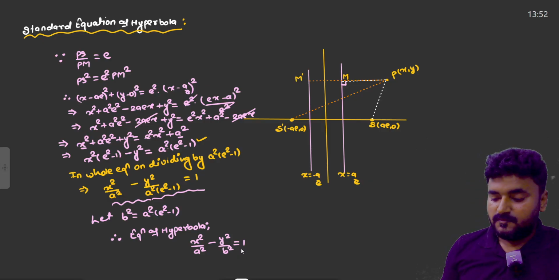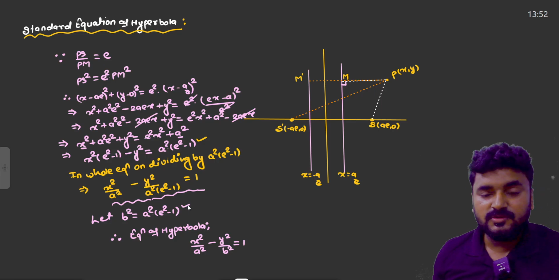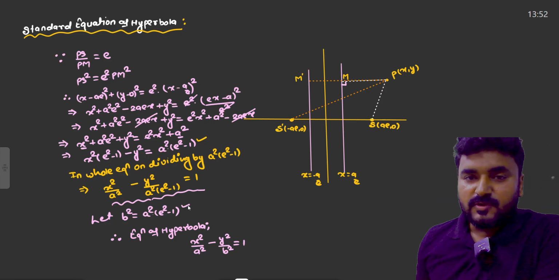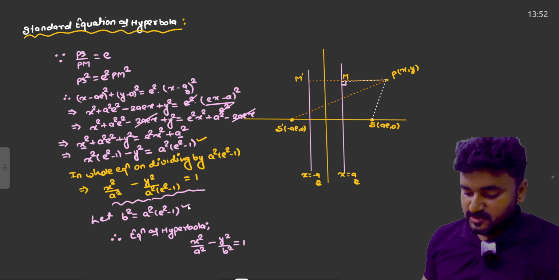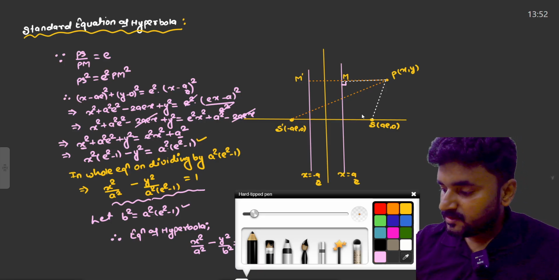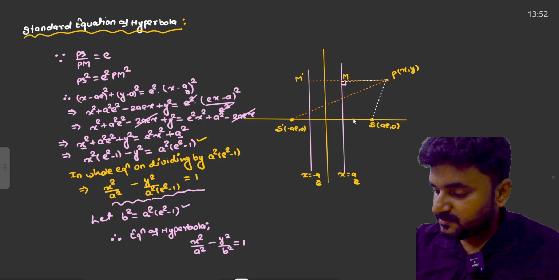Okay. Where you have taken b square equal to a square into (e square minus 1). So this is our required equation of the hyperbola. So the hyperbola will look like, it will look something like this to you.